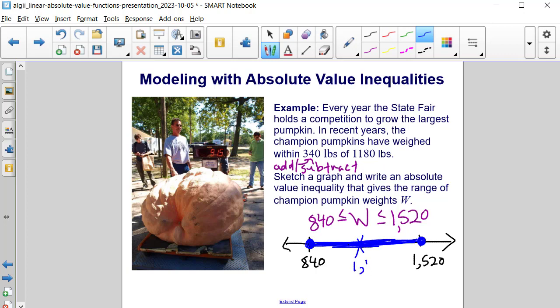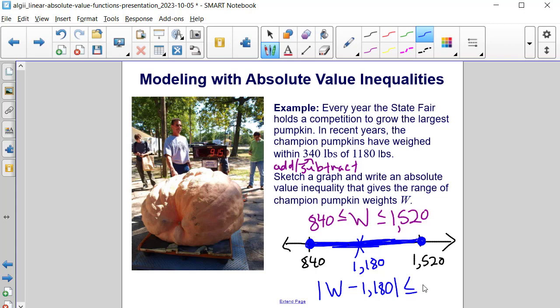It's 1,180. So that means in our absolute value inequality, we will have capital W minus 1,180. And because it's in between, the absolute value is less than or equal to, and then the pounds that we added and subtracted, that's our constraint that tells us what that highest value or lowest value can be.